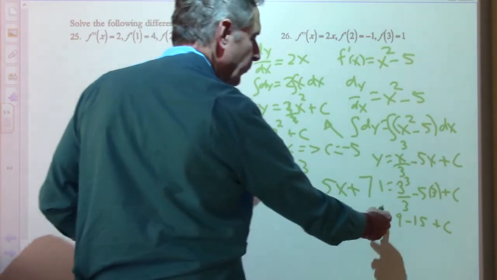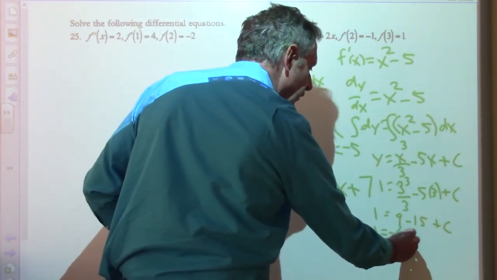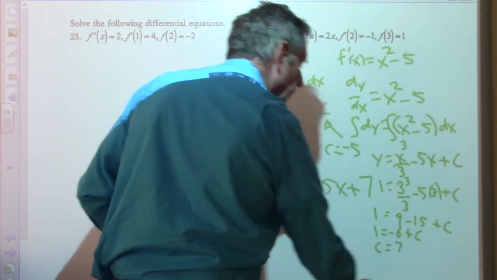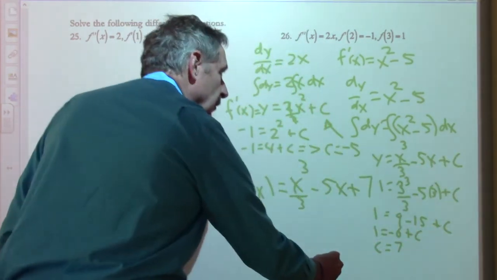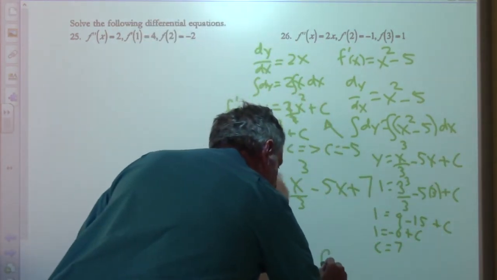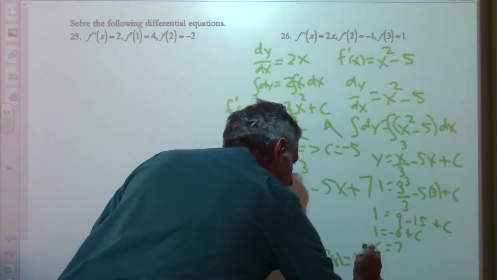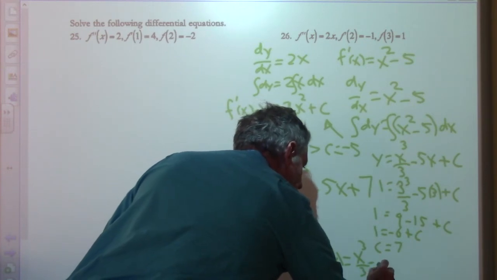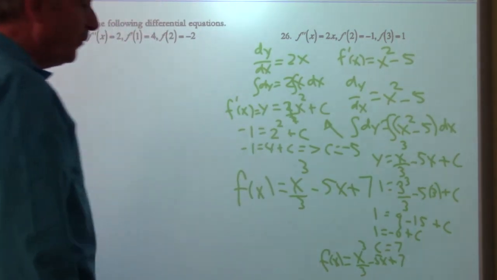And so that's going to be negative 6, so 1 equals negative 6 plus c. So c is equal to 7. And then we take the 7, plug it in for this one, and we end up with f of x equals x cubed over 3 minus 5x plus 7. So that's where that comes from.